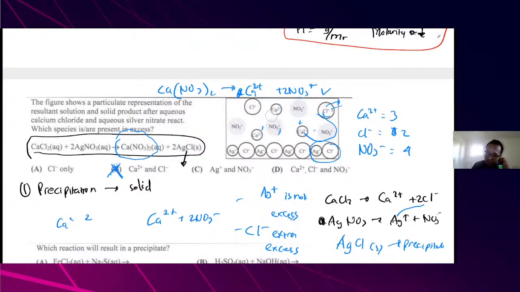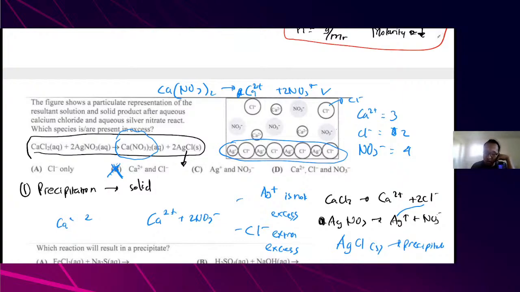Take a look at the figures over here. As you can see, one of the products is this one, and then there is another Cl minus over here. This one is certainly 100% the excess ion, excess species.